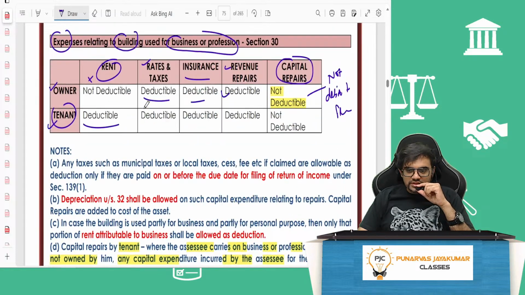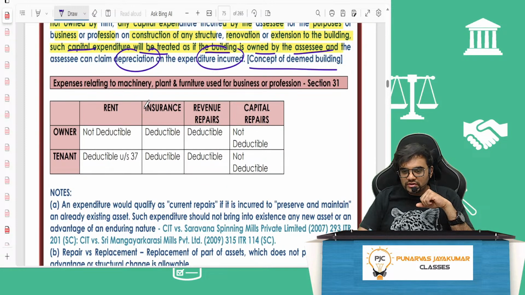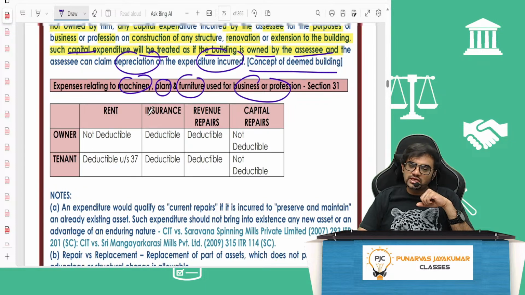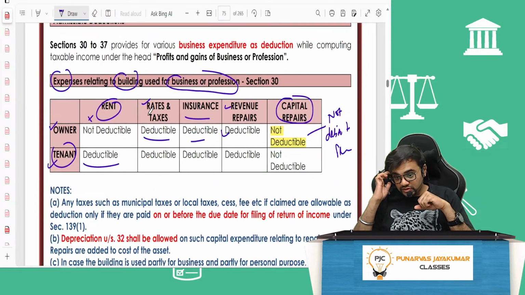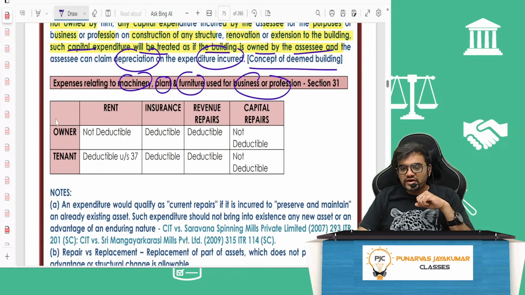That is section 30. What is section 31? Section 31 is for machinery, plant, furniture used for business. Section 30 is building used for business. 31 is machinery, plant, furniture used for business or profession. Here also, if I am the owner, can he pay rent to himself? No, so not deductible.